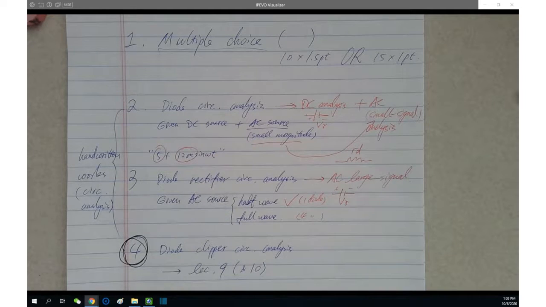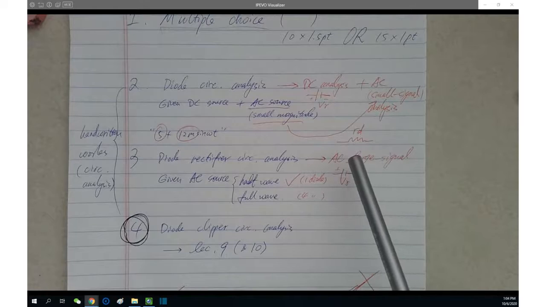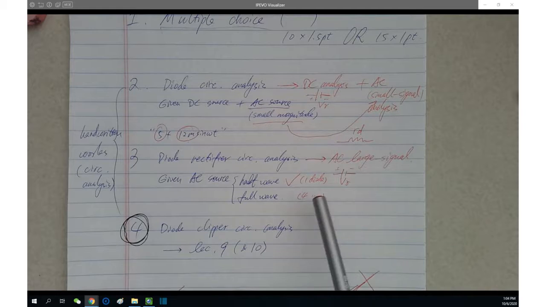And then you have another diode circuit. In this diode circuit, it's AC large signal, which means you only have an AC source, but the magnitude is large enough for you to apply the large signal model of the diode, which is the same as that for DC, the DC model.